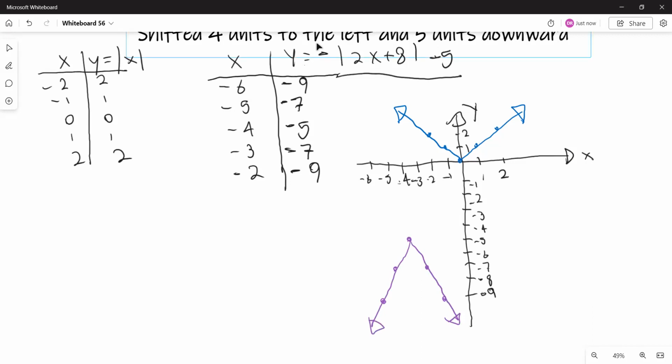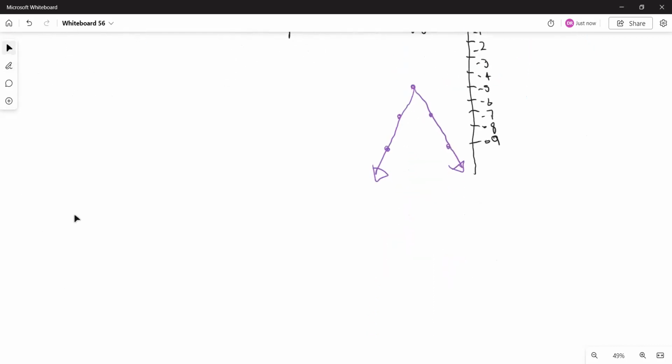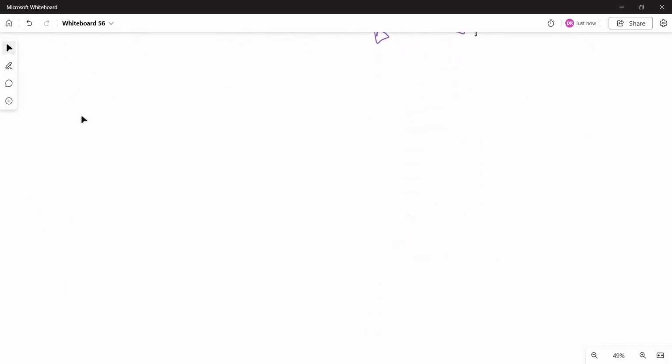And the last one, the last example, with this I'll finish the section of transformations. That was number 3.